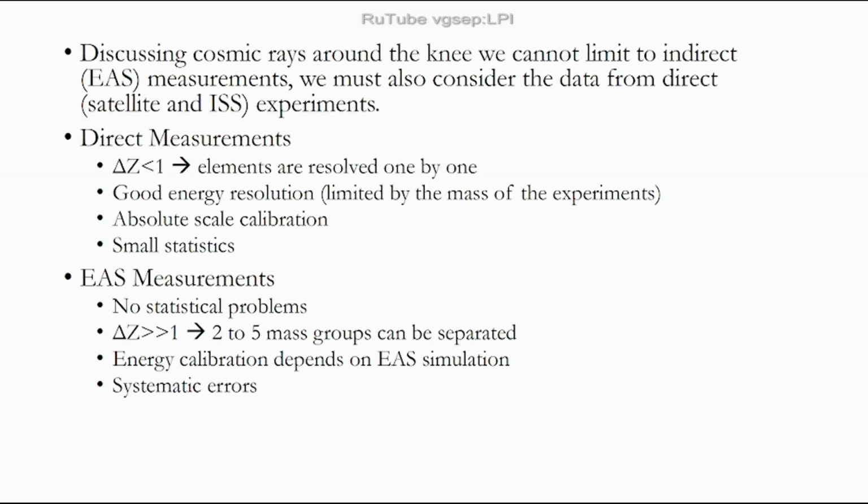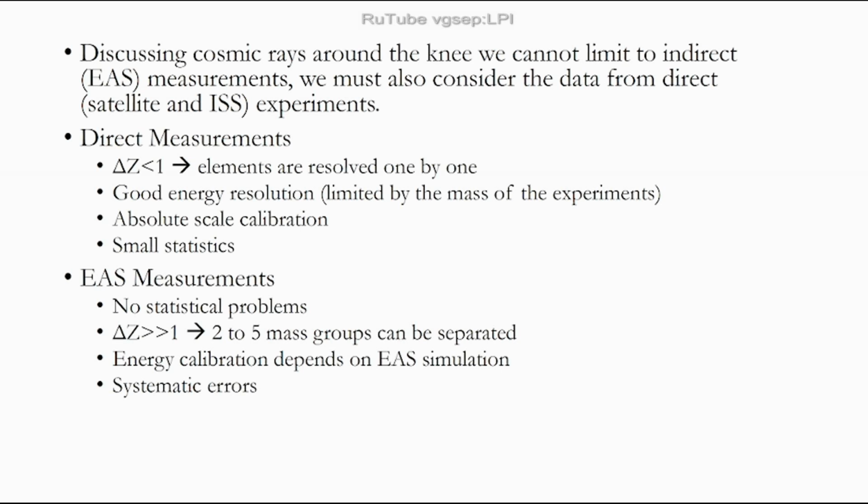It's the biggest problem of these experiments. Only with the fluorescence light technique can we have an almost direct measurement of the primary particle energy. And we know that this technique is difficult to operate at the energies of the knee. The fluorescence light signal is very small, and it works well only at ultra high energies, above 10^18 electron volts, order of magnitude.